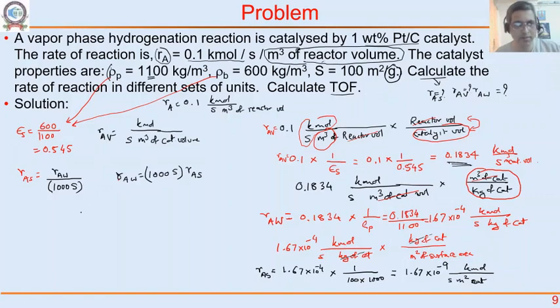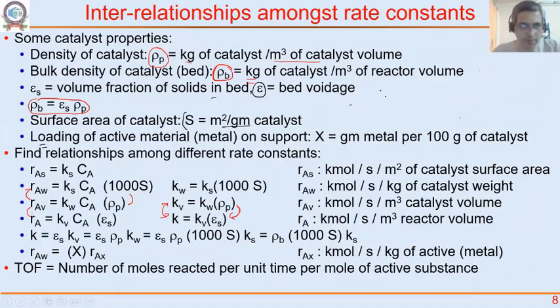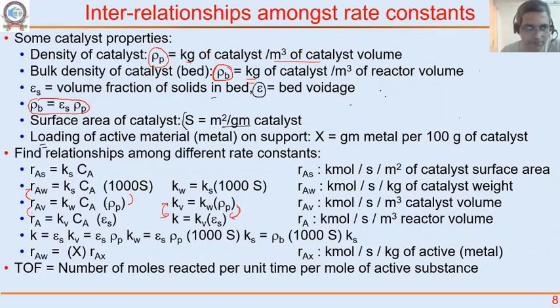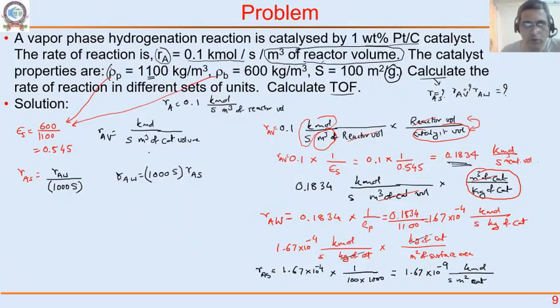Do you see that? And that's how we have been able to interconvert one into the other, right? All these unit conversions are here. Now you look at this slide, pause and look at this slide in view of what we have done here.